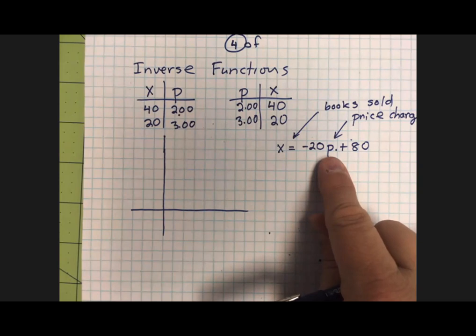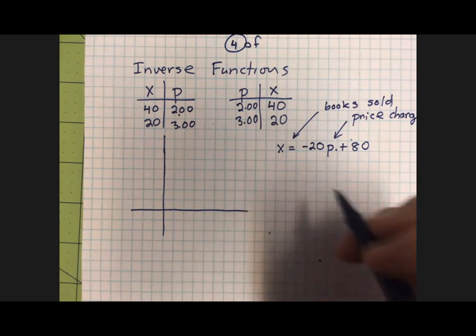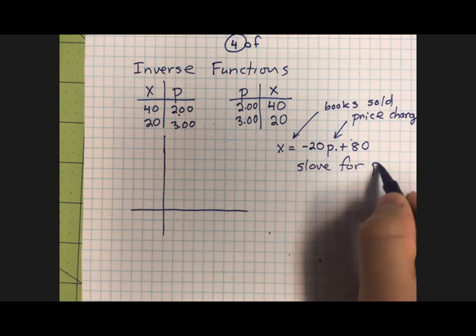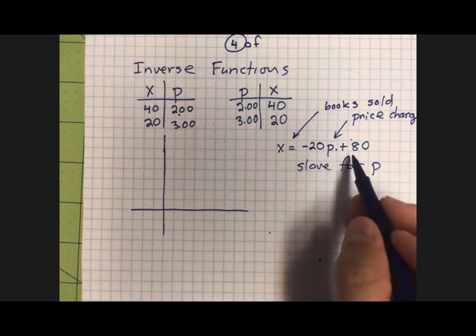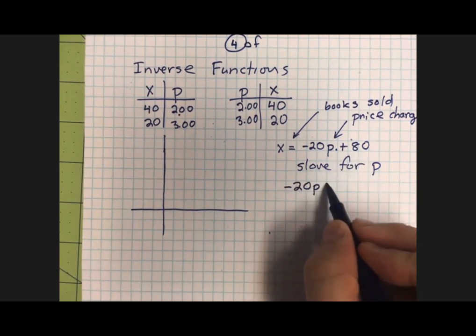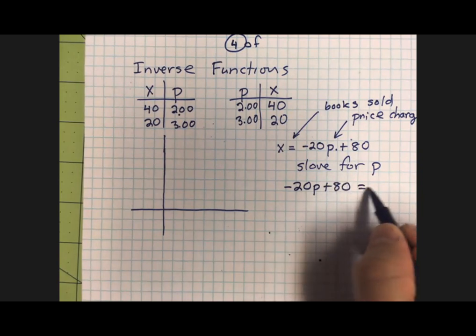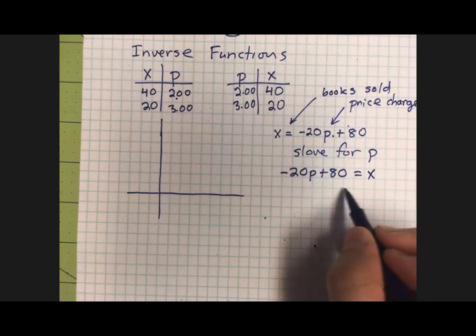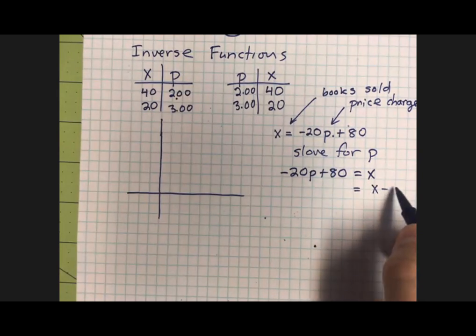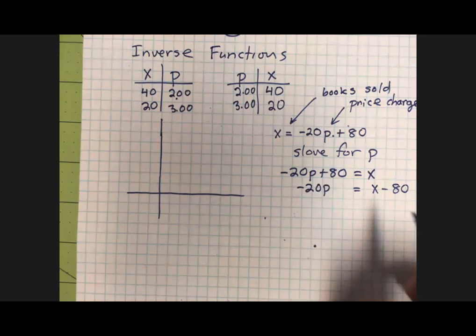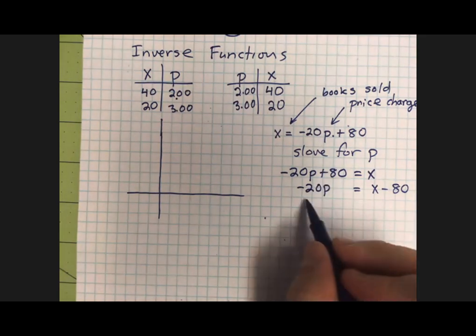What if I turn the formula inside out and say, let's solve for P? Well, it's not a hard thing to do. To solve for P, minus 20P plus 80 is equal to X. You'd subtract 80 from both sides, and then you divide everybody by minus 20.